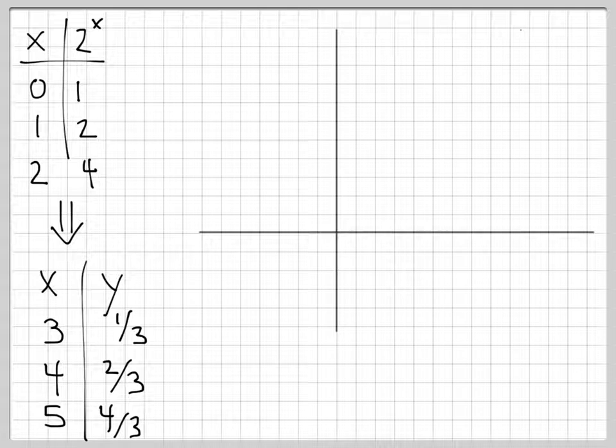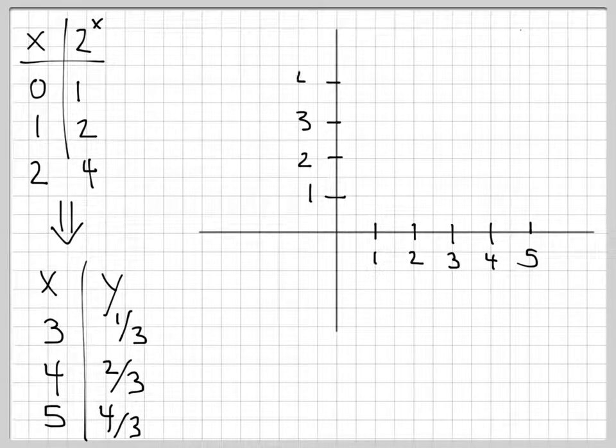And so if we come over to our graph, 1, 2, 3, 4, 5. If we were to graph the original function, which I'll do here in that green, we have 0, 1, we have 1, 2, and we have 2, 4, and there's our original 2 to the x.